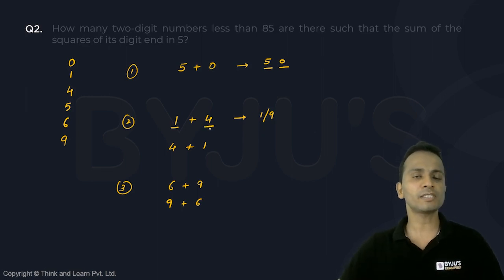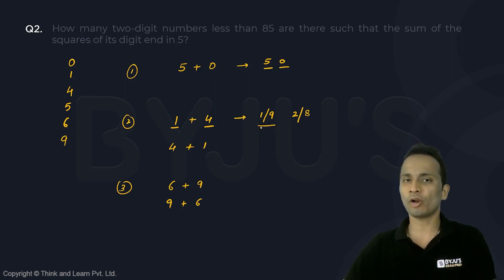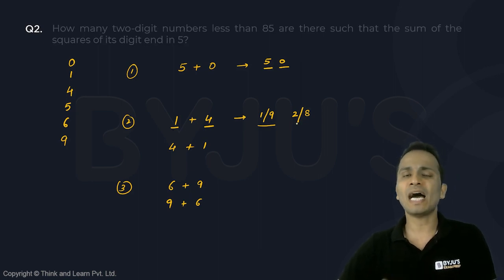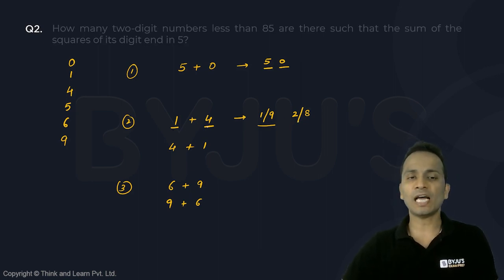Correspondingly, units place should be a digit such that its square ends with 4. So 2's square ends with 4 and 8's square ends with 4. Okay, so tens place can be either 1 or 9 whose square will end with 1. Units place can be either 2 or 8 such that the square will end with 4.